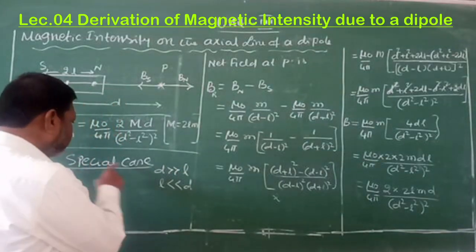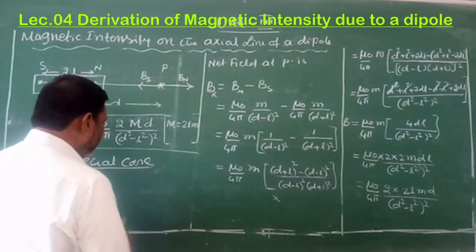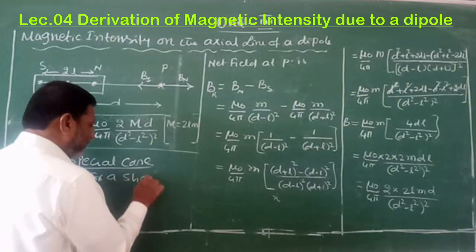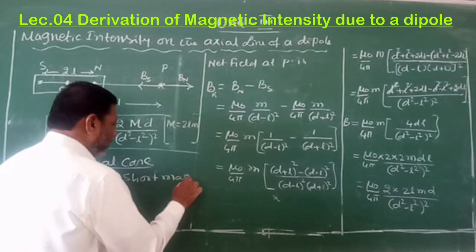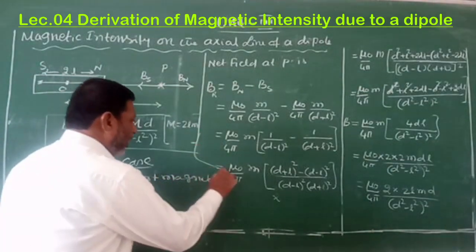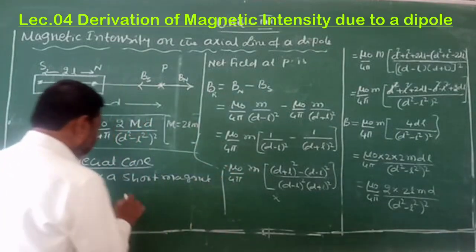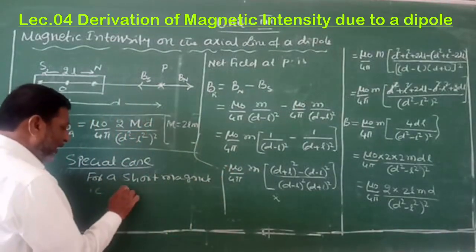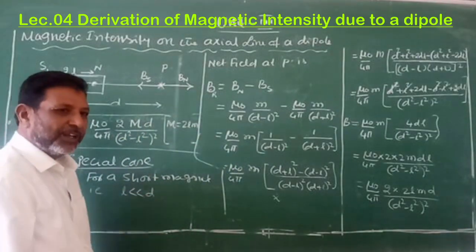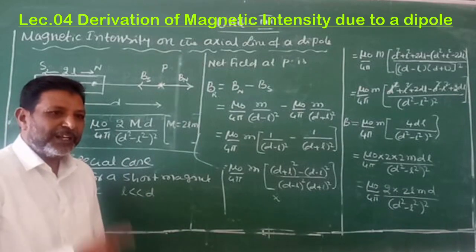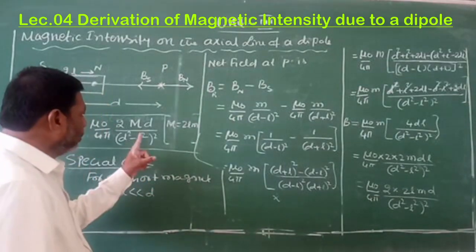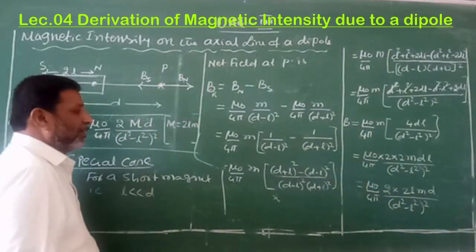Now, the special case for a short magnet. A short magnet means L is very much less than d. When you apply this concept to the formula, let's see how this formula reduces.